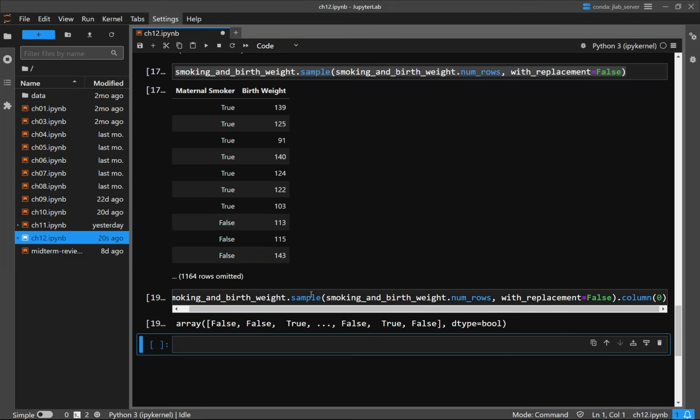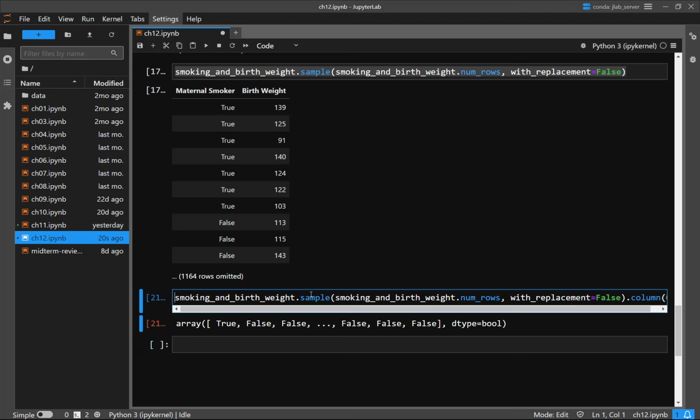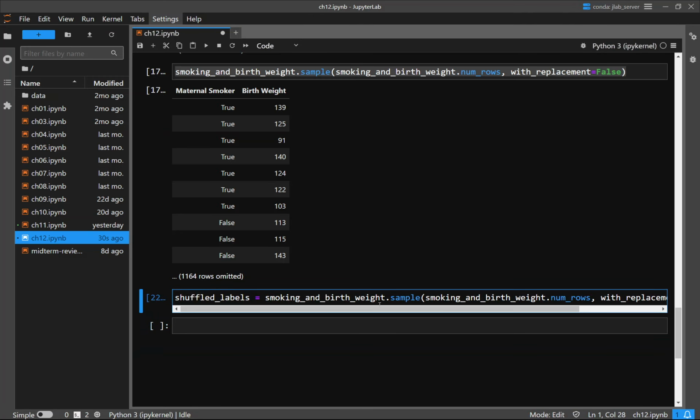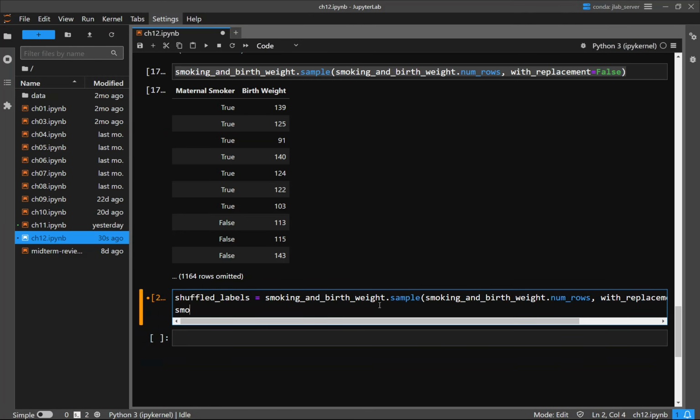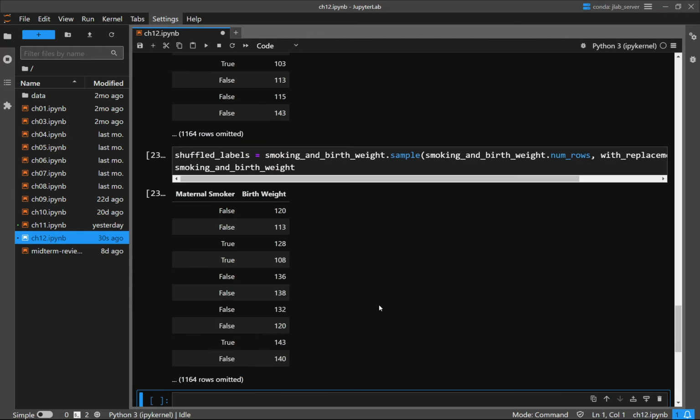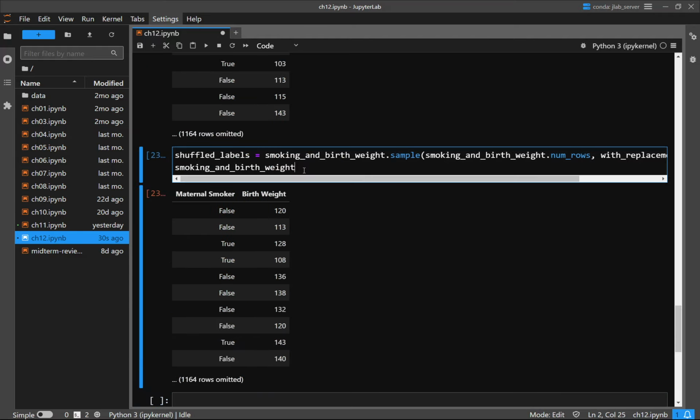That makes sense. I've got those things in a different order now. Those labels I can reattach to the table. Shuffled labels is that. And then I want to take my original table, smoking and birth weight, and attach those shuffled labels to it as a new column with column shuffled label and then shuffled labels.